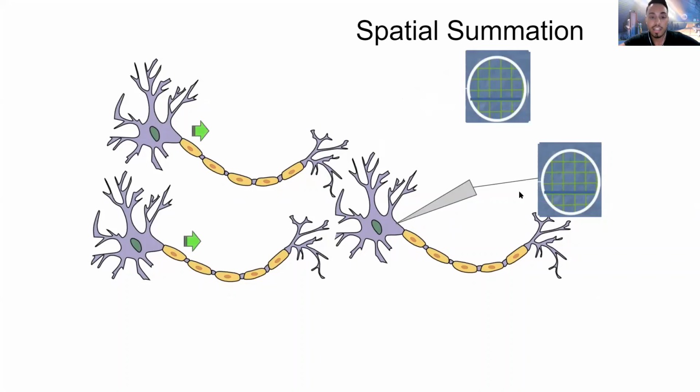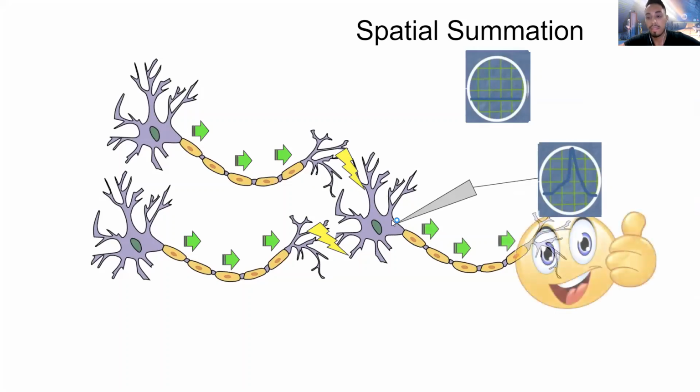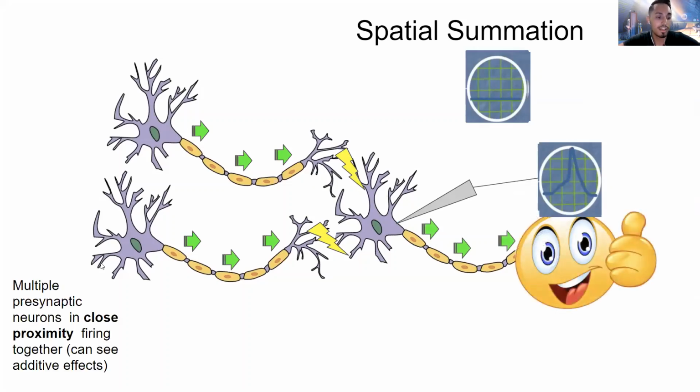These two send a signal together, both cross the synapse, and they summate and are strong enough to reach threshold and fire an action potential. So we have another happy neuron. The difference between the two is that temporal involves a short window of time, where spatial involves neurons in close proximity to one another, close in space. And their effects can be additive.